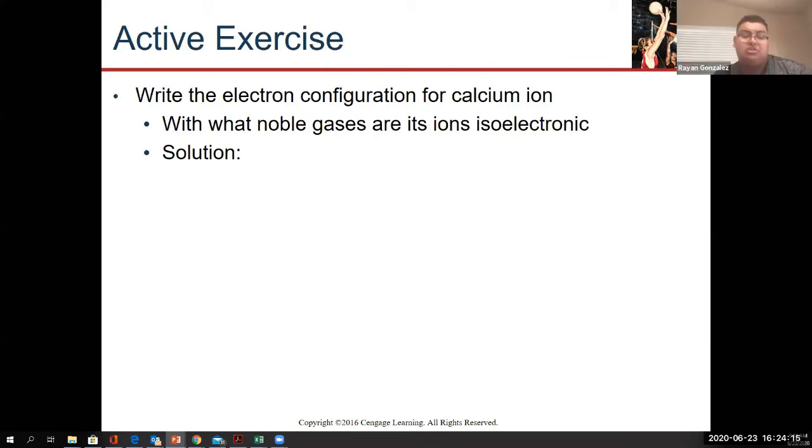So the electron configuration would be. Do you want me to annotate your screen? Yes, please.